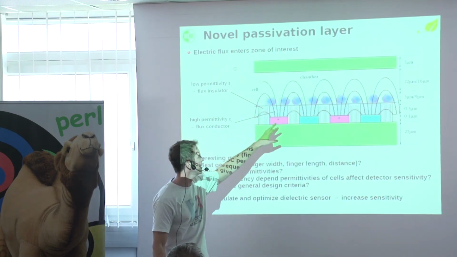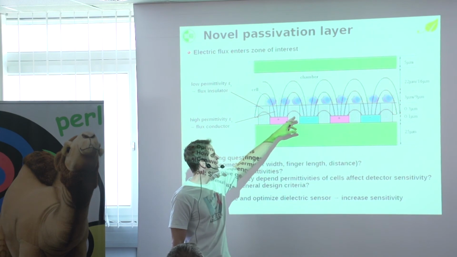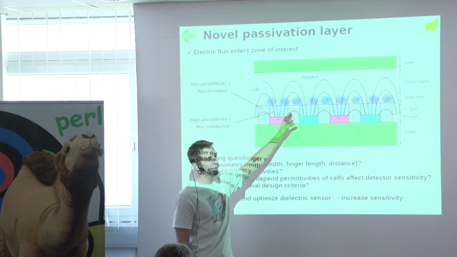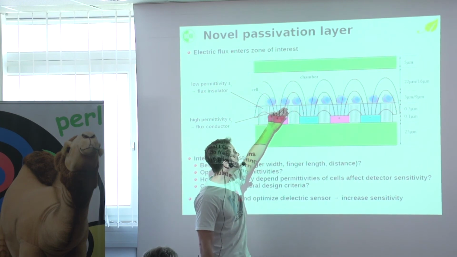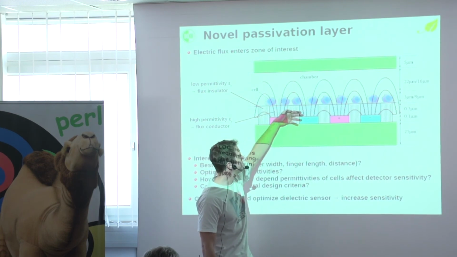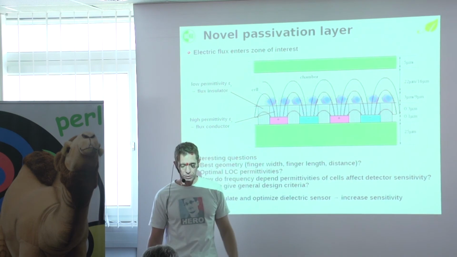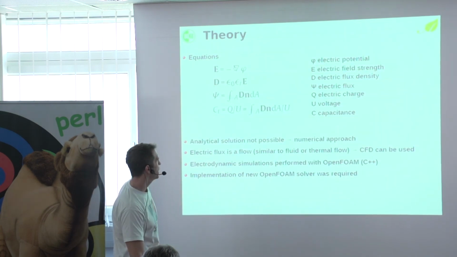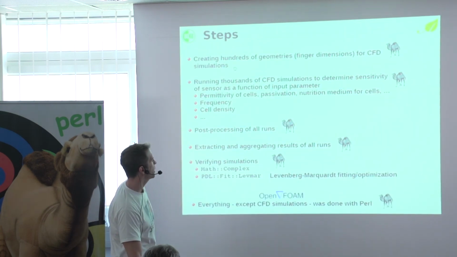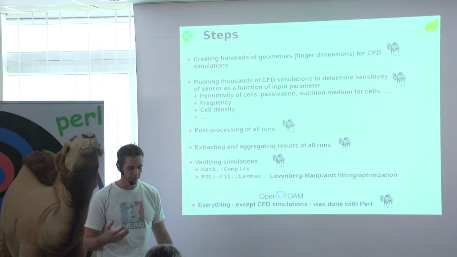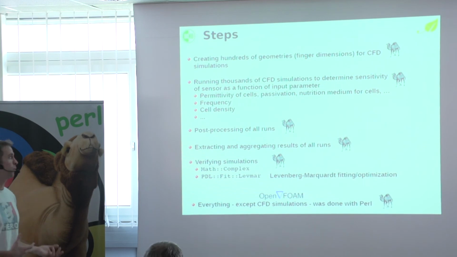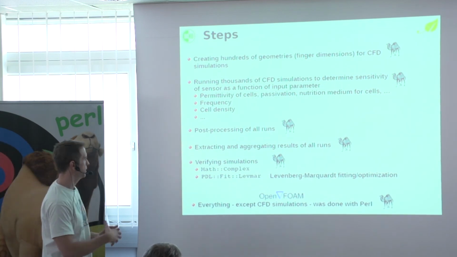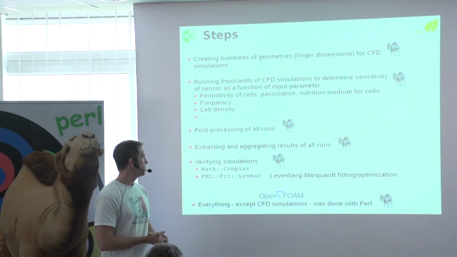Here you see the flux. So we came up with a new design where we put in high-permittivity insulators, so that the field really was entering up here into the region where the cells were located and didn't just shortcut through. And by doing so, and by doing a lot of numerical simulations, again with our CFD program OpenFOAM, as electric flux is just a flow, like thermal flow or a liquid flow, we could optimize them.